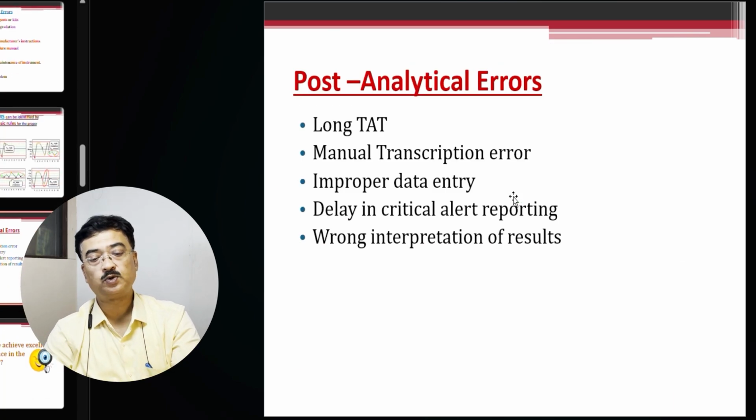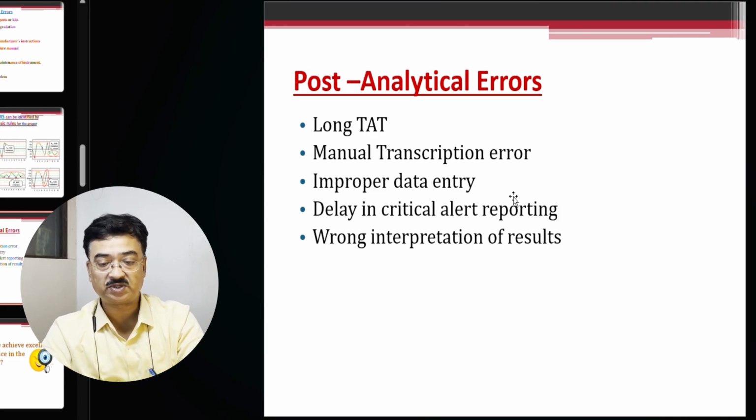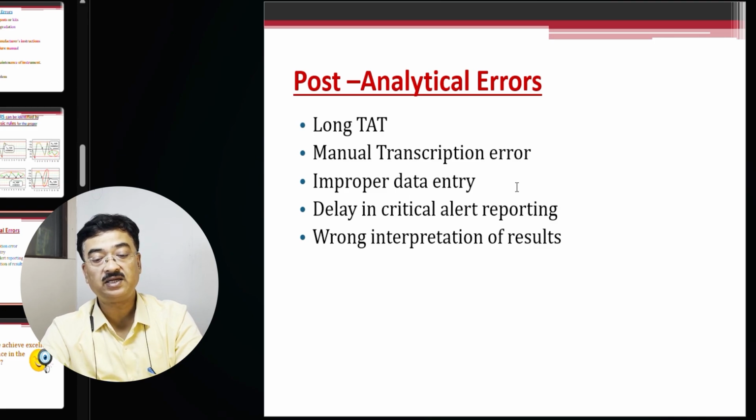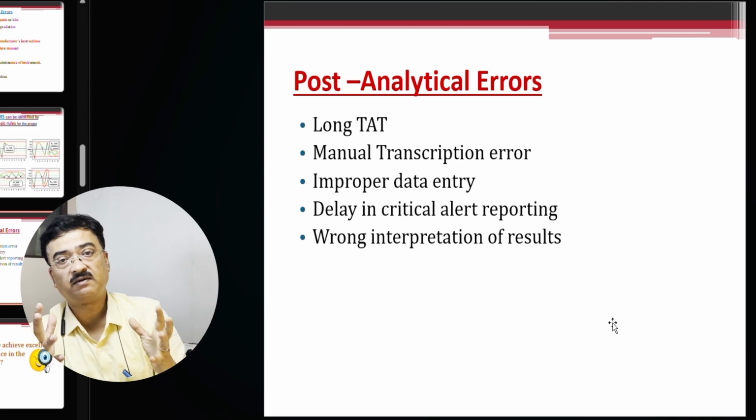Now comes the post-analytical errors. The post-analytical errors are long TAT. Sometimes in manual transcription, you may have an error, improper data entry, delay in critical alert reporting. This is one of the things I would like to emphasize more on. What is a critical alert? There are certain parameters whose results are very critical for our body.